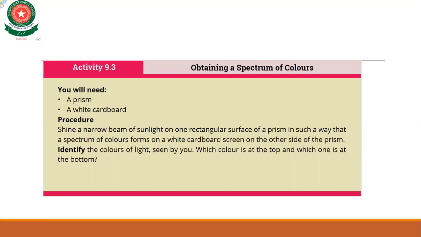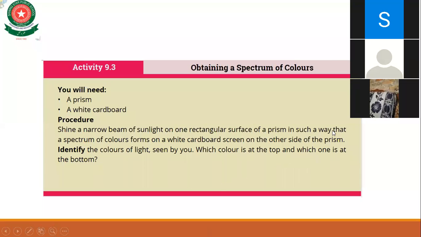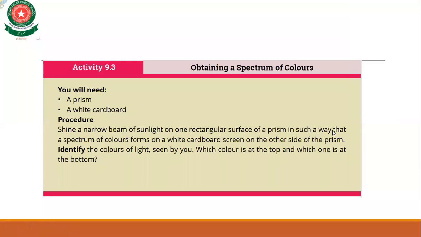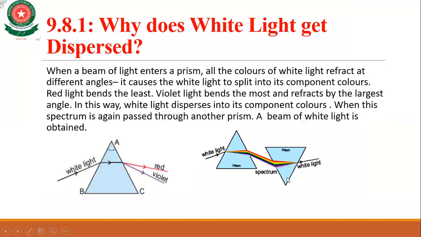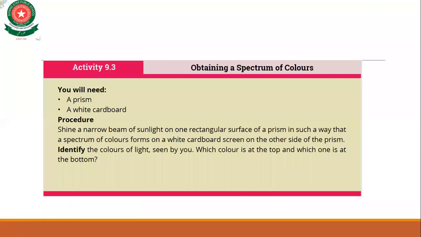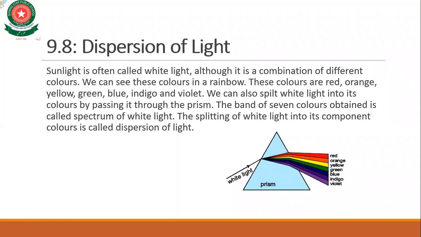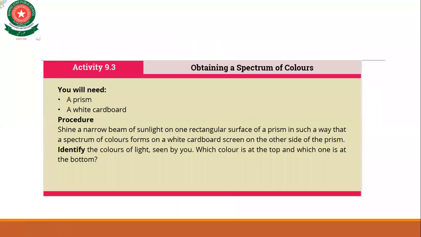Which color did you see at the top and at the bottom? The pattern of these colors is red, orange, yellow, green, blue, indigo, and violet. So this is the answer.